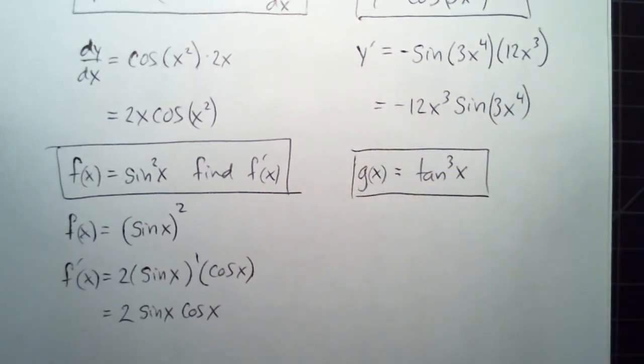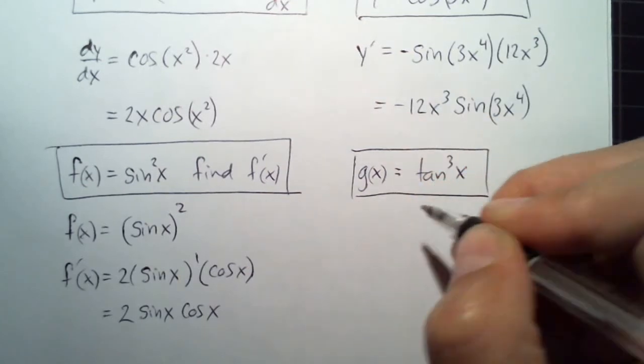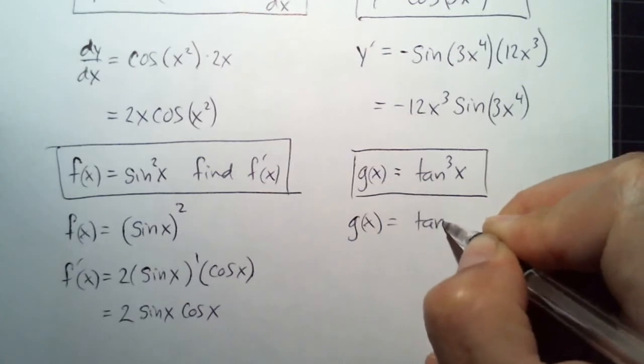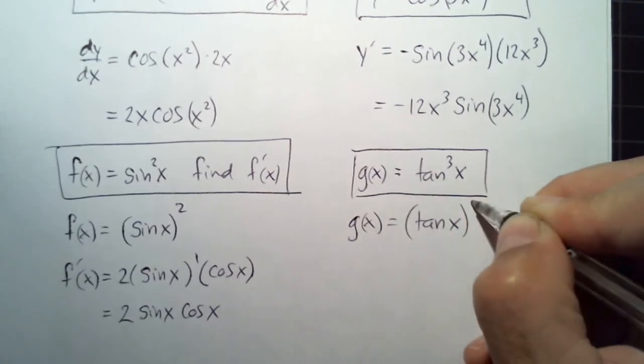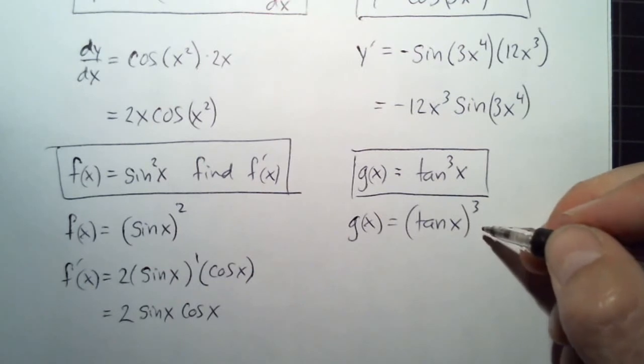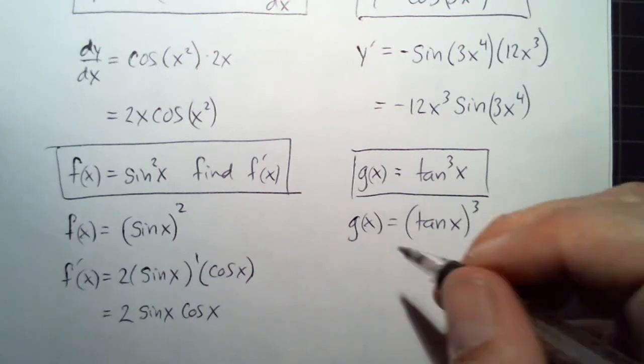All right, pause the video, try that one. Find the derivative of g. So that means the same thing as tangent cubed. And now we see the outside and the inside.